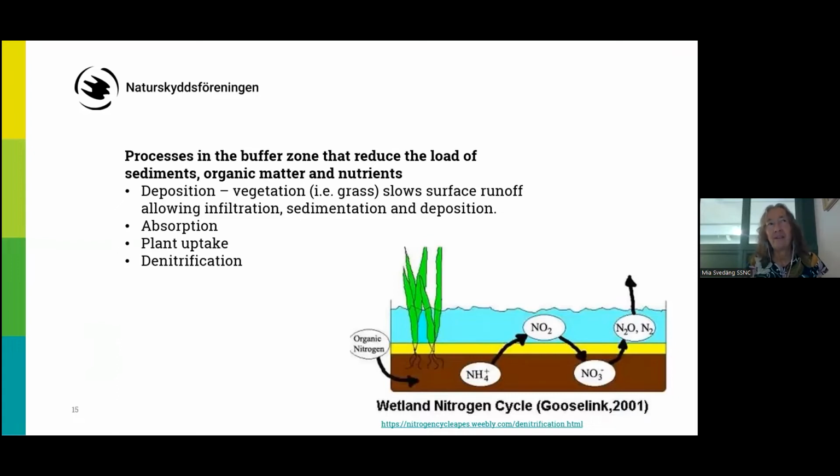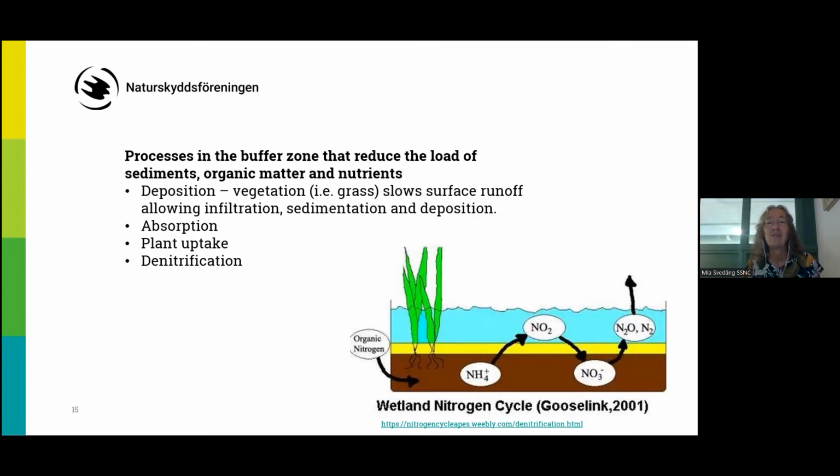As we already talked about, there are processes in the buffer zone that reduce the load of sediments, organic matter and nutrients. One of the processes in the zone is deposition, and it is due to vegetation. For instance, most of the time it is grass, but it can also be different types of vegetation.